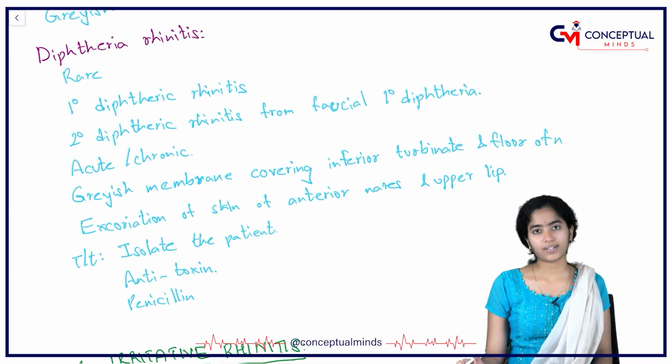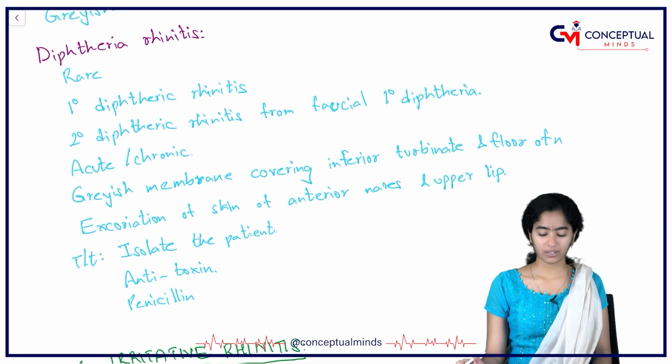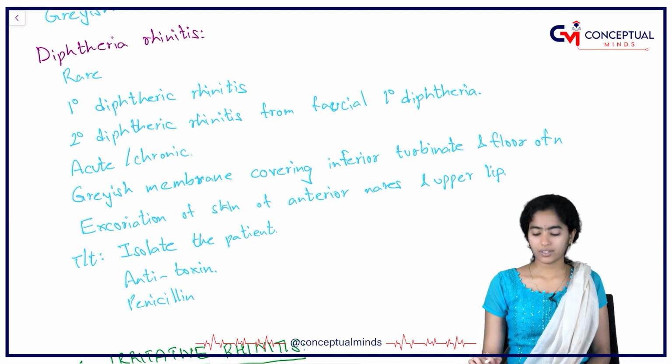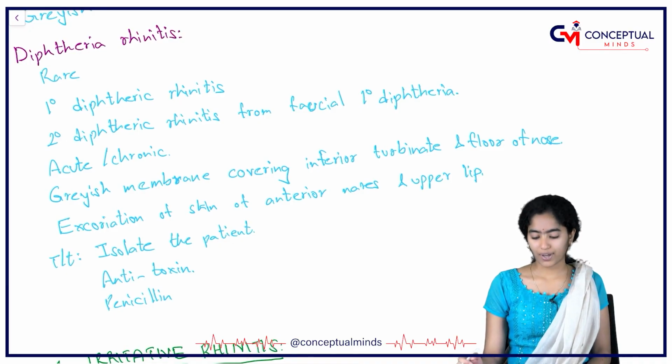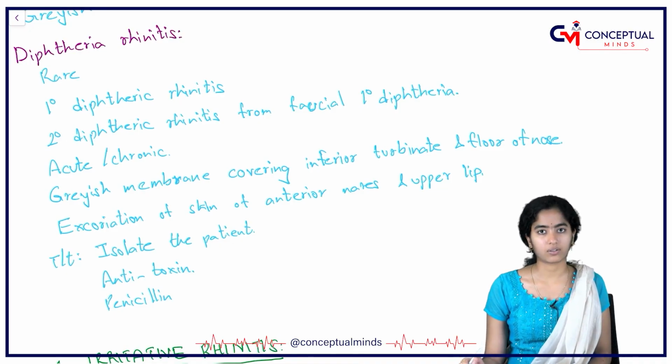And in diphtheric rhinitis also we have a grayish membrane that is covering the inferior turbinate and floor of the nose. An excoriation of the skin of anterior nares and upper lip can occur.